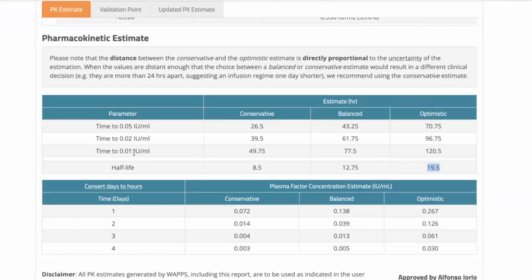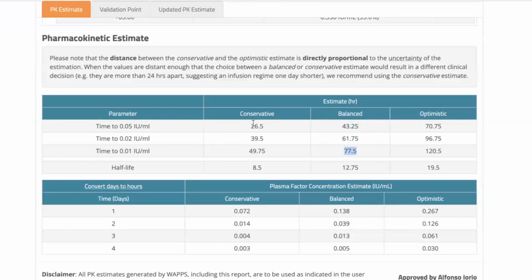And for each of these target thresholds, the table shows you how many hours will be needed to get there. So after the infusion, 43 hours to get to 5%, 61 hours to get to 2, 77 hours to get to 1.